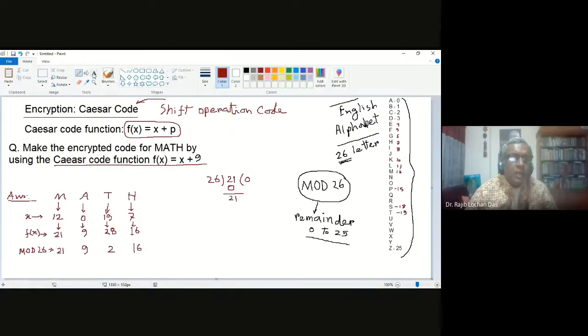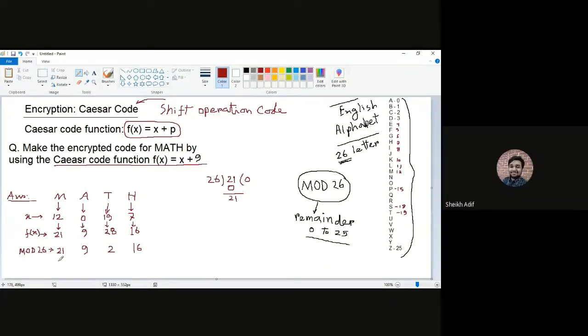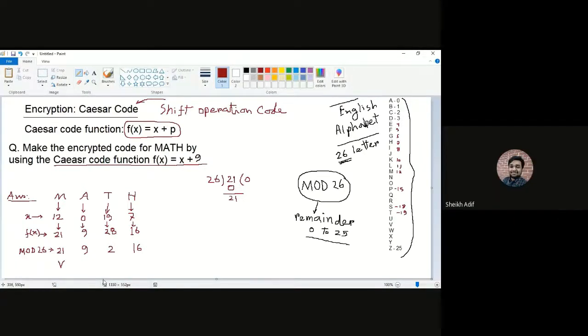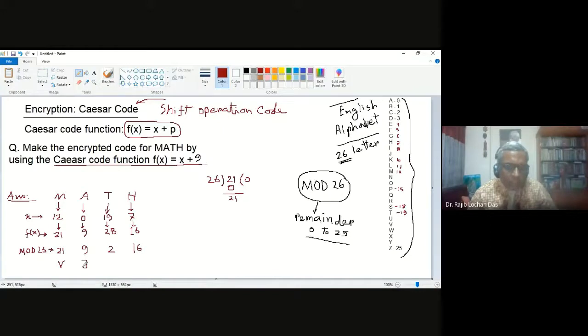Now you apply the letters again. What is the letter for 21? Letter for 21 is V, right? Then 9 is J, and then 2 will be C, and then 16 will be Q. So the coded form will be the answer.